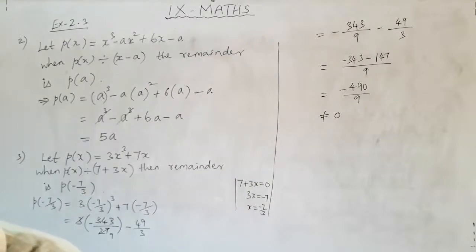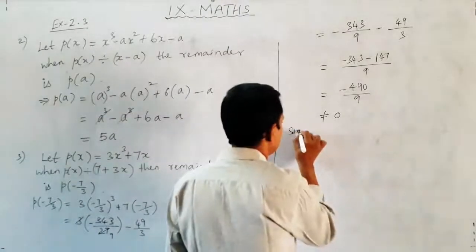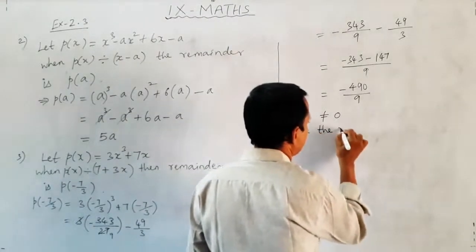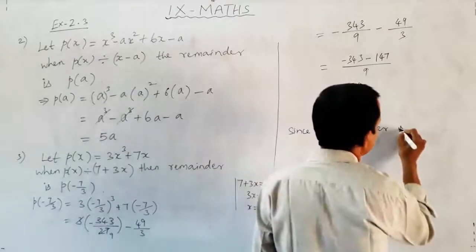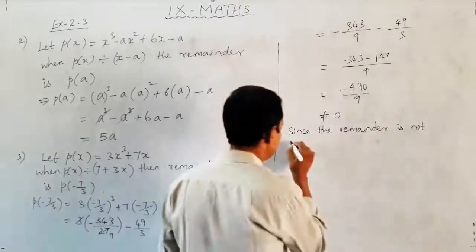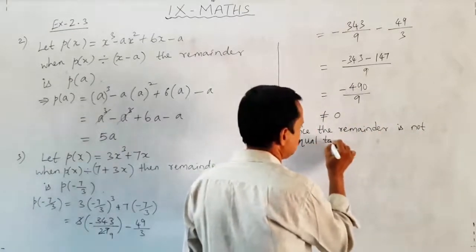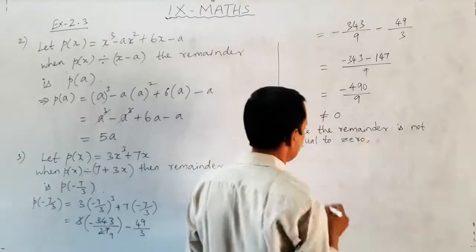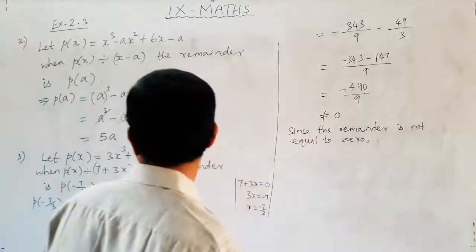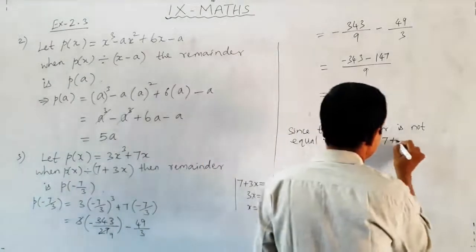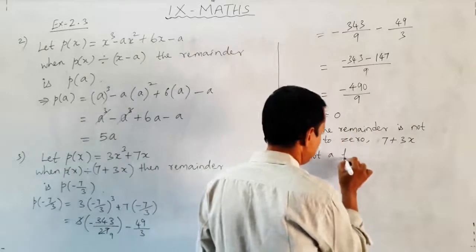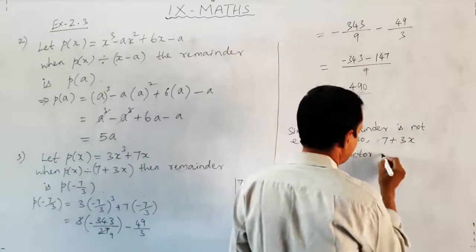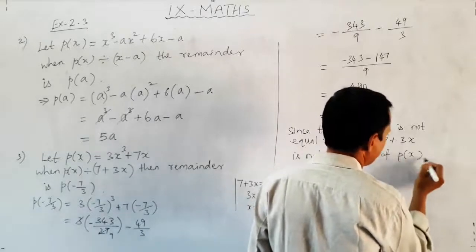Therefore, you can easily say that 7 plus 3x is not a factor, since the remainder is not equal to 0. 7 plus 3x is not a factor of the given polynomial p of x.